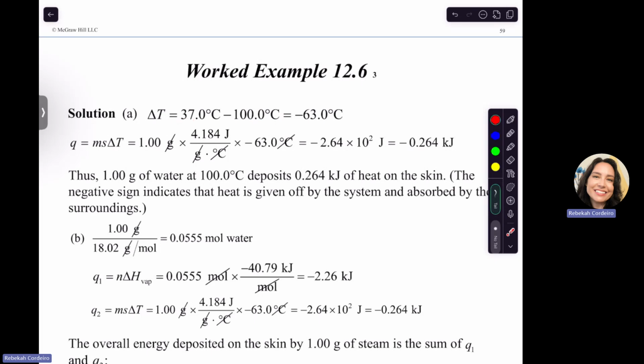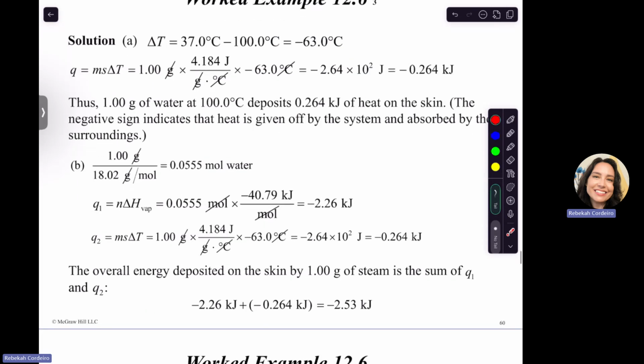Then we stop changing temperature, and we have to do the phase change. So we take our mass, turn it into moles. Moles gets plugged in for n, use our vaporization, and then it's going to be opposite because it's exothermic when we're going from gas to liquid, right? Condensation.